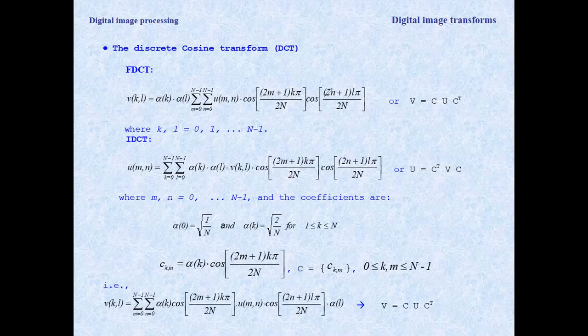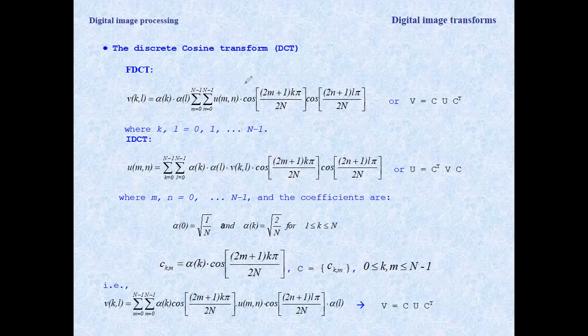This applies on columns, and this is also a separable transform. u of m comma n is the image signal, and the alphas are the normalizing quantities such that you can easily invert from cosine to spatial domain and spatial domain to cosine, or frequency, domain. So you can apply this expression if you are asked to do the cosine transform.